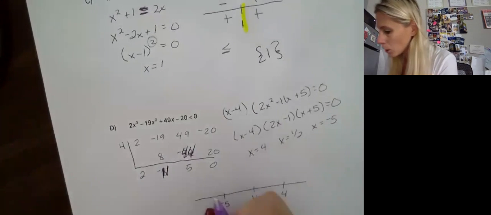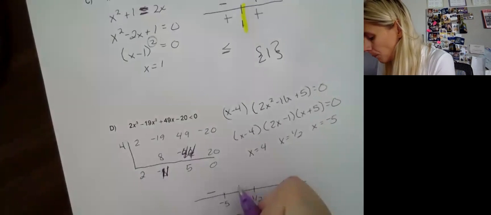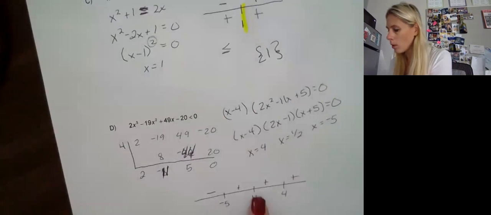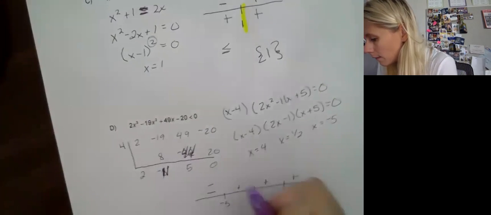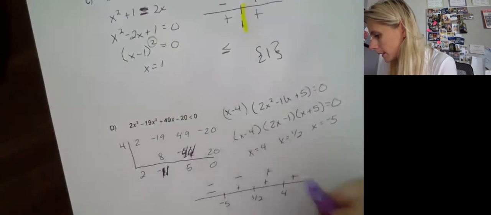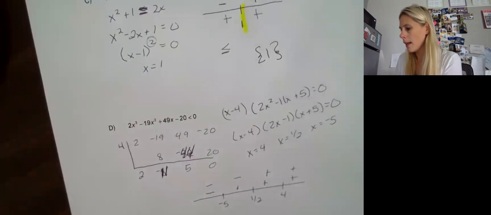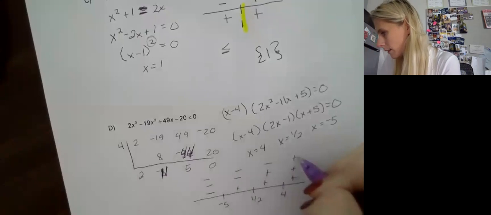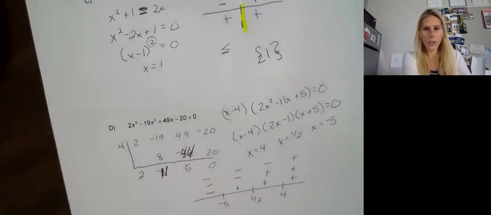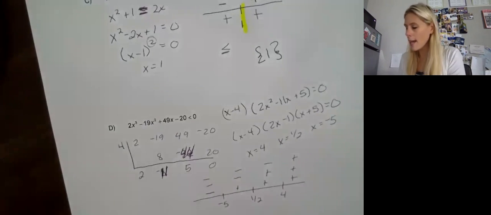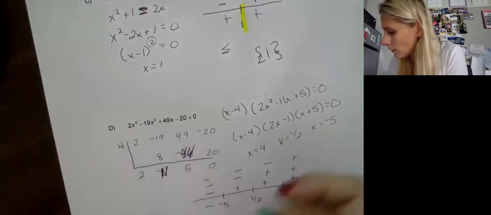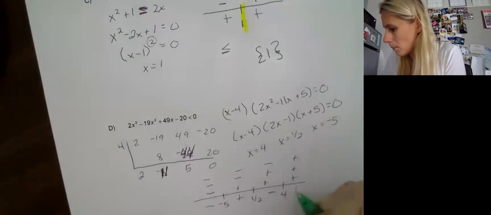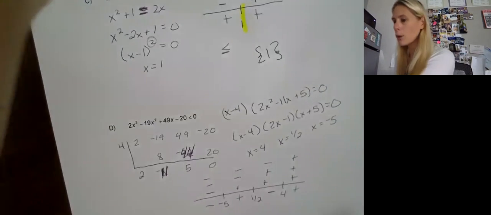So for -5, I get a negative, positive, positive, positive. For 1/2, I get negative, negative, positive, positive. And for 4, I get negative, negative, negative, positive. Okay, let me go straight down. 3 negatives make a negative. 2 negatives is a positive, negative, positive. Now let's go back to our sign.